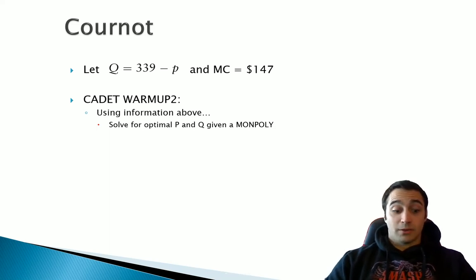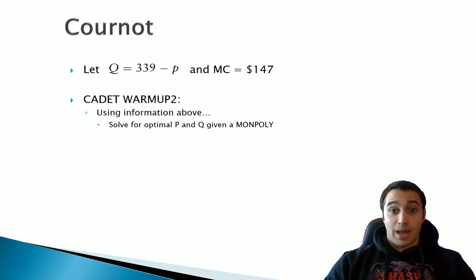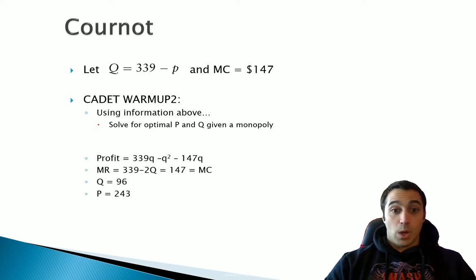Alternately, you could try to solve the same market in the case of a monopolist. Again, let demand be given by 339 minus price and set marginal cost to 147. See if you can figure out what the optimal price and quantity would be given a monopoly. Well, you'll note that the profit would just be price times quantity minus marginal cost times quantity.